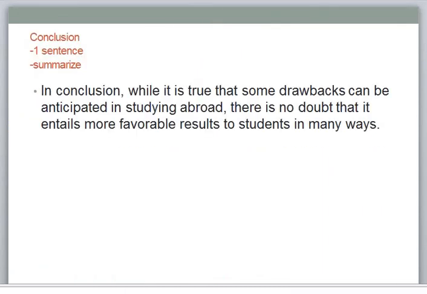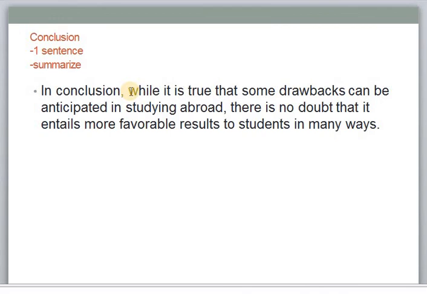Now, how about in writing a conclusion? As I've mentioned a while ago, 1 to 2 sentences is enough. Summarize what you have written in body 1 and body 2. Like, in conclusion, while it is true that some drawbacks can be anticipated in studying abroad, there is no doubt that it entails more favorable results to students in many ways.